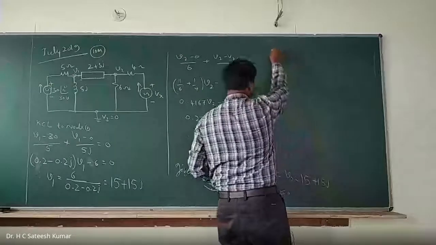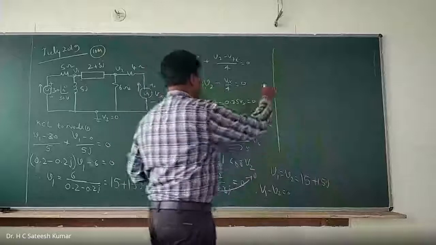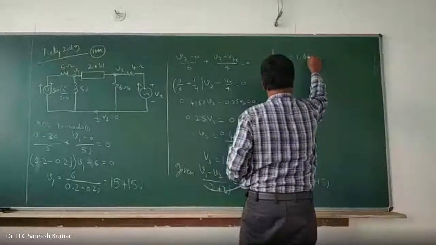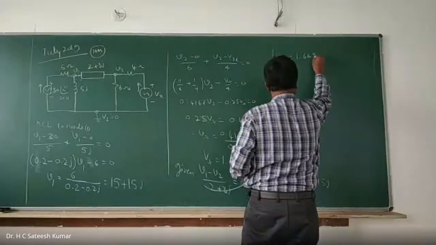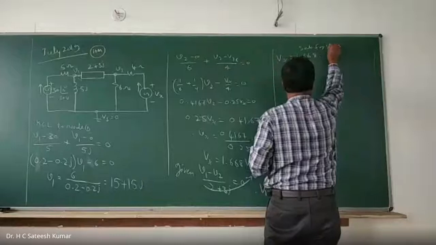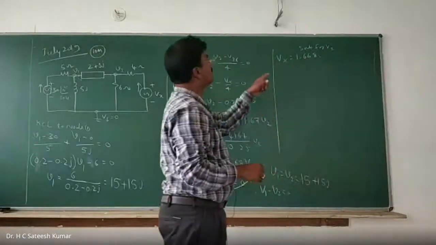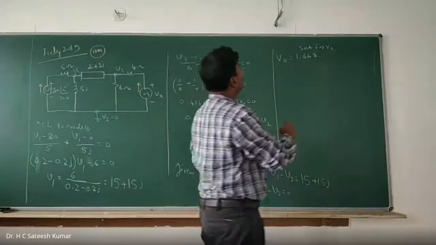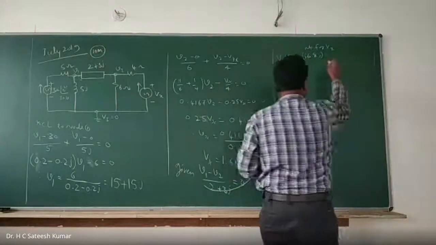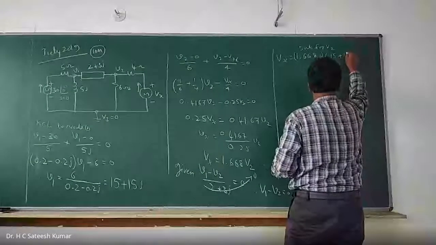Therefore, Vx is equal to 1.6668 into V2. Substitute for V2, which is 15 plus 15j.